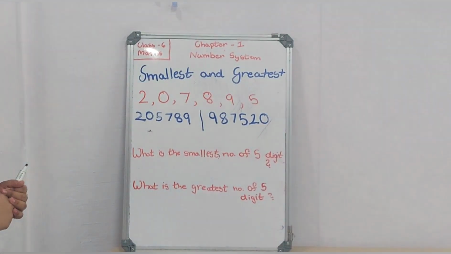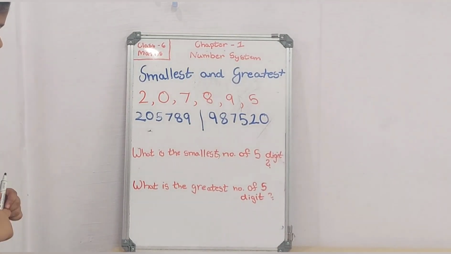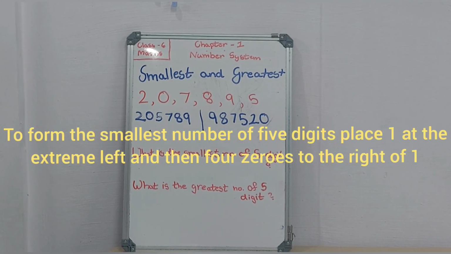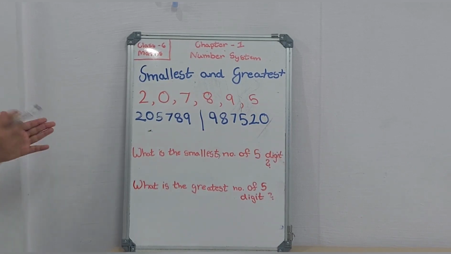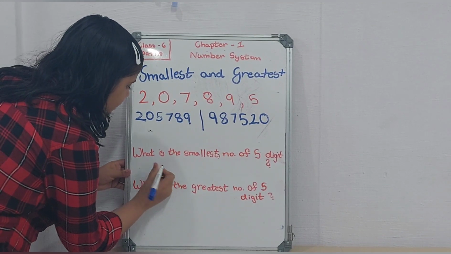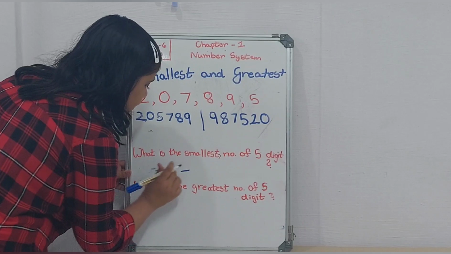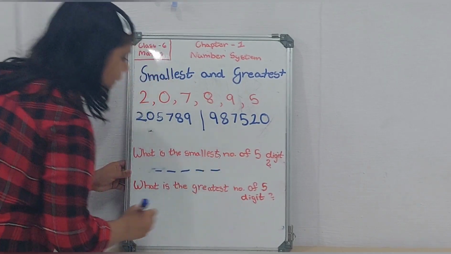Now let me ask you a question. What is the smallest number of 5 digits? To form the smallest number of 5 digits, place 1 at the extreme left and then 4 zeros to the right of 1. Okay, so first you can actually give dashes like this, 5 dashes, so that you come to know that you are going to write 5 digits, 1, 2, 3, 4 and 5.